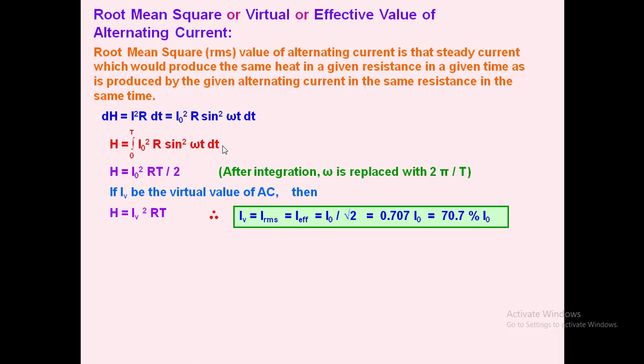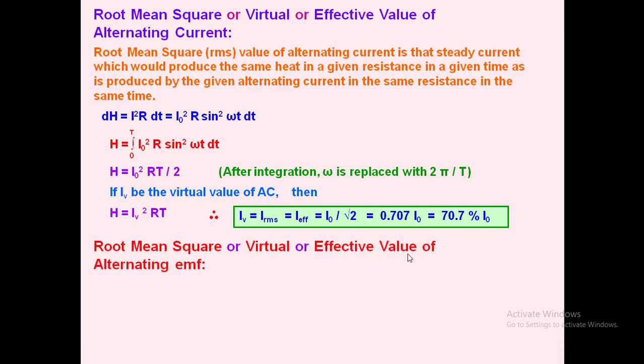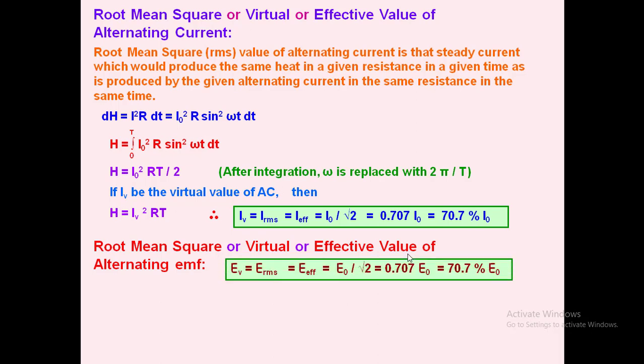Therefore, if you equate the above expressions, you get IV equal to I RMS equal to I effective equal to I naught by root 2, which is also called 0.707 I naught. In the same way, we can determine the root mean square or virtual or effective value of alternating EMF, and the value will be E naught by root 2 or 0.707 E naught.